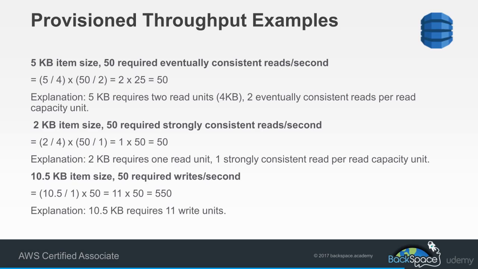So we have 10.5, and that rounded up is 11. So 11 times 50, which is 550. So the writes are quite straightforward to work out. The reads need a little bit more thinking, so you need to understand the difference between eventually consistent, which requires half the amount of capacity, as strongly consistent reads per second.